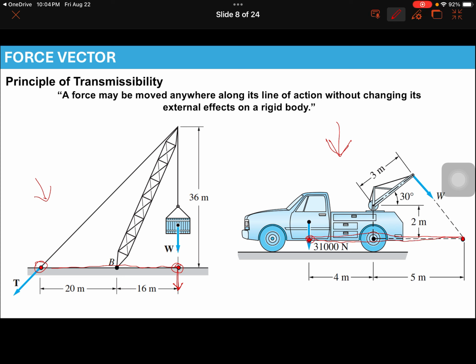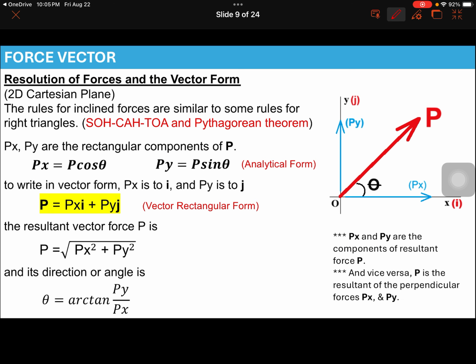Sa point na to, si 31,000 Newton, ilagay mo sa point na to. And then, itong W force na to, ilagay mo din siya dito. Ipag-act mo siyang pag-ganon. So, that way, nasa isang line lang sila, mas madaling i-analyze using the principle of transmissibility.